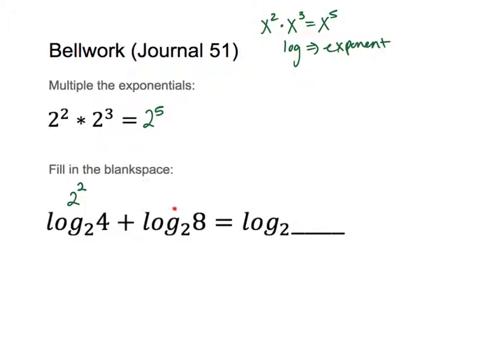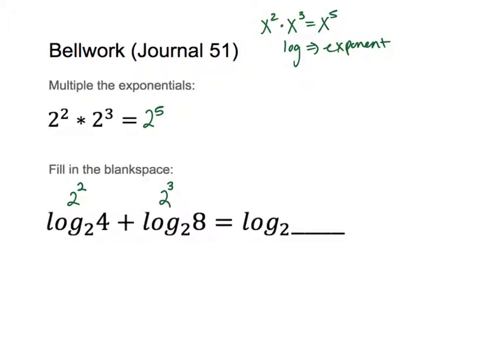Now, when I look at this section here, this log says I have a base of 2, and there is some power that makes this 2 an 8. Well, we've learned this multiple times. 2 to the 3rd power gives you 8. So logs give me exponents, and these are the exponents.